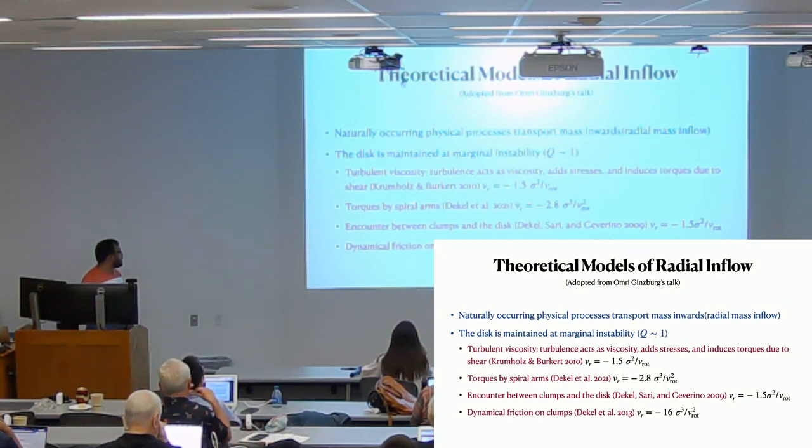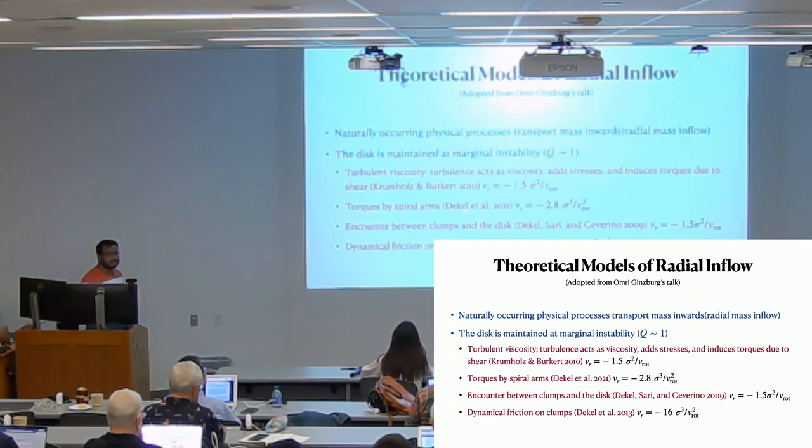It can be torques driven by spiral arms in the galaxy, as shown by Krumholz and Burkert, 2010. Avishai showed this in 2021, so you get a different value for the radial velocity, and a somewhat different scaling as well.